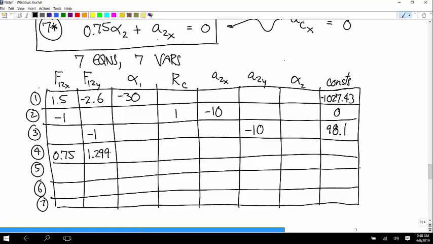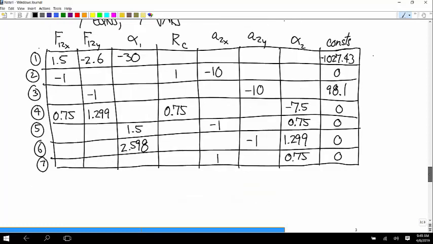Okay. 0.75 RC. Negative 7.5. Okay. 0. Okay. 1.5 alpha 1. 0.75 negative 1 a2. Okay. 2.598 alpha 1. 1.299. Okay. Negative 1 and 0. Okay. Oh, and I can see the last one. Alpha 2 .75, A2x 1 and 0.